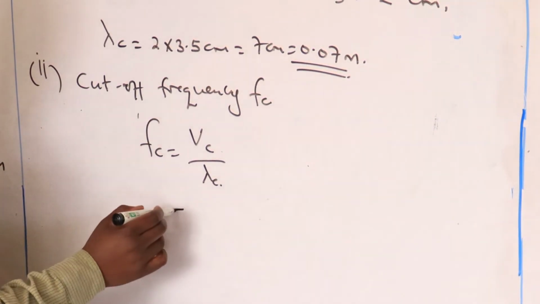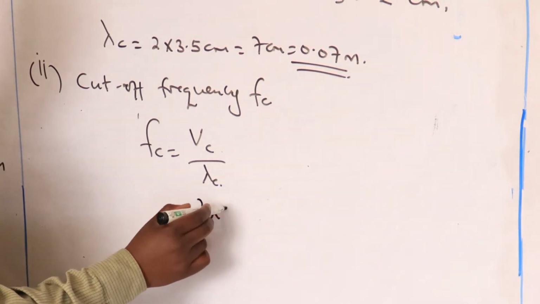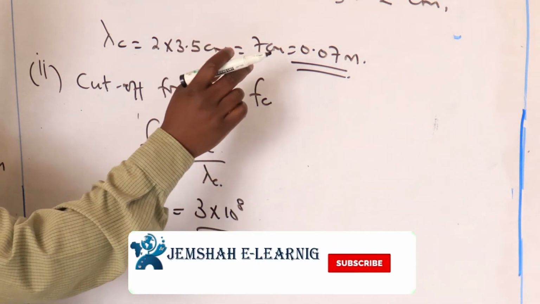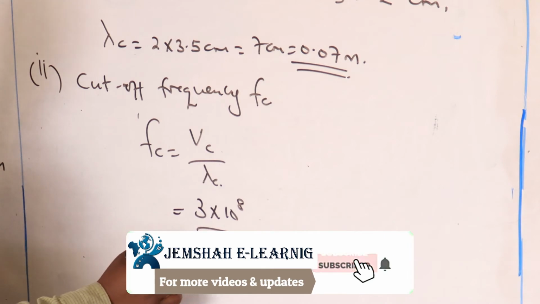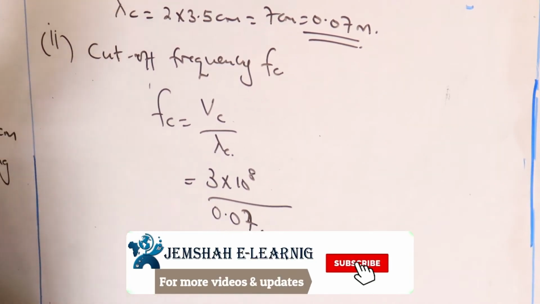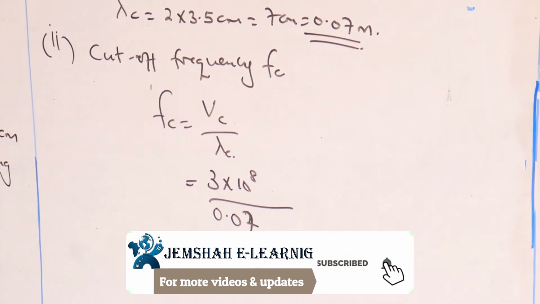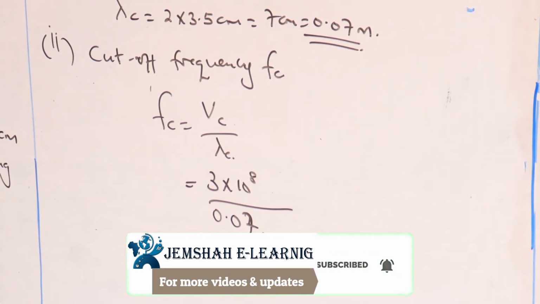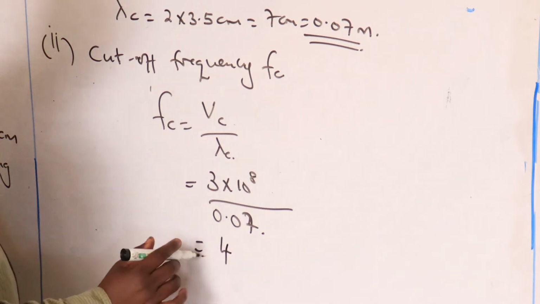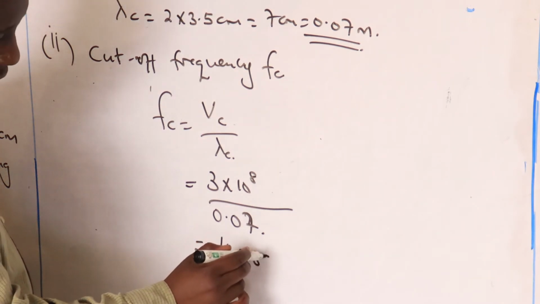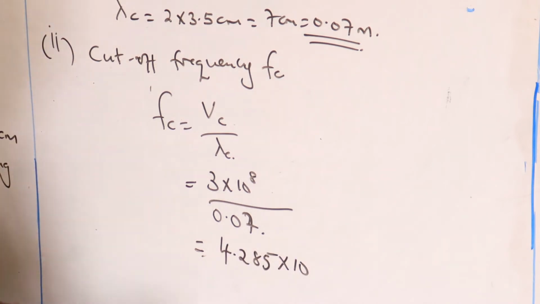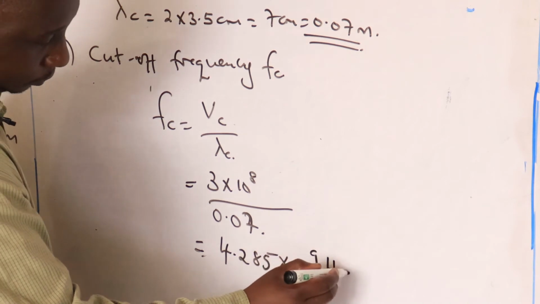So vc is 3 times 10 power 8 over the cut-off wavelength, which we have as 0.07 meters. When we divide this, we get 4.285 times 10 raised to power 9 hertz.